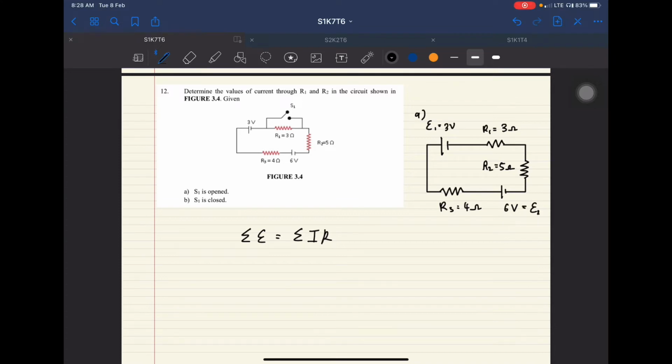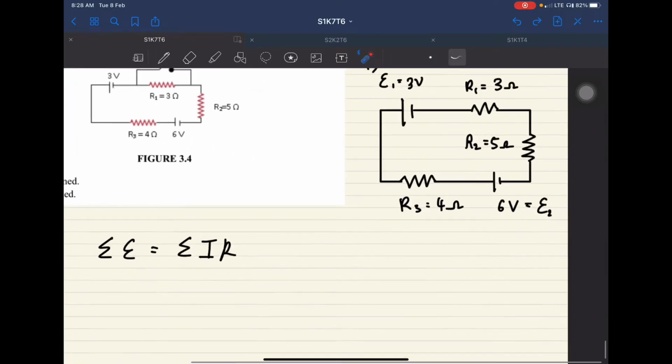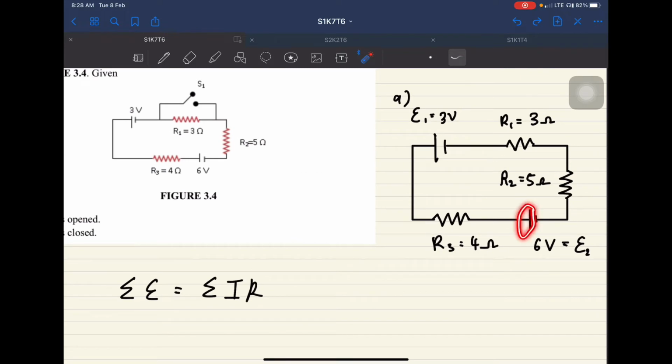Like I told you previously, my suggestion is that you follow the one with the largest EMF. You have two EMFs here, one is 3, another is 6, so obviously you want to follow the 6 volt, following the positive terminal, just goes out from here.